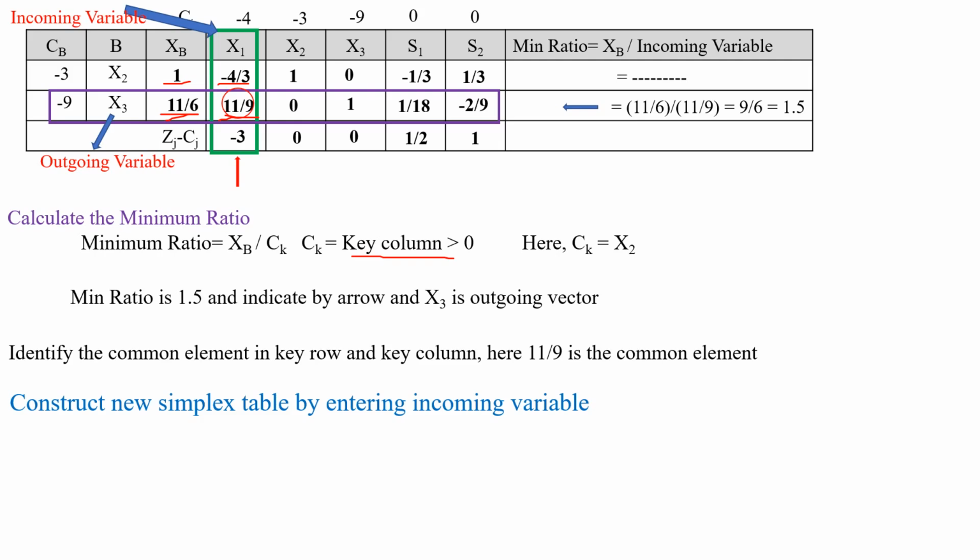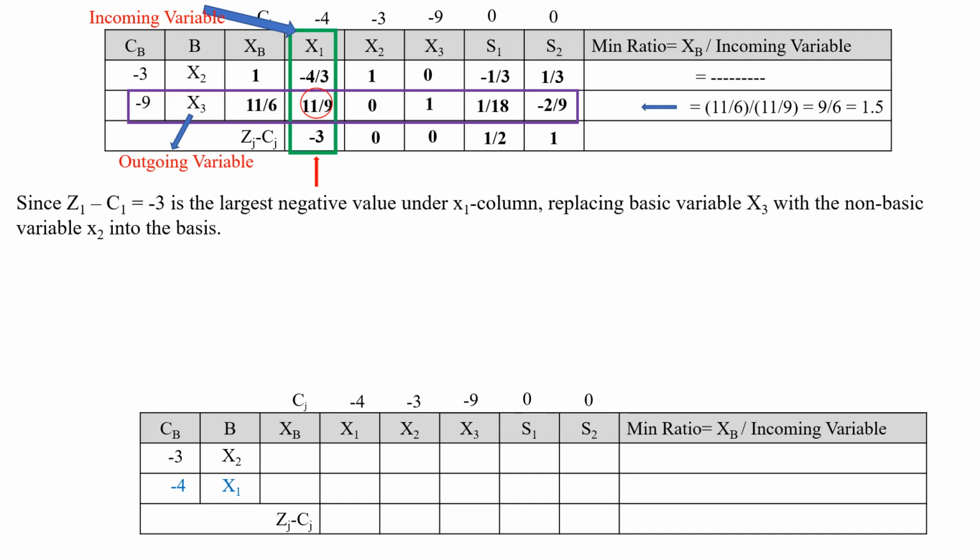Next, we construct the new simplex table by entering the incoming variable, with reference to the old simplex table. Here the x3 variable is leaving the basis and the x1 variable enters the basis. So modify the basis by replacing x3 with x1 in the new simplex table, and its CB value is minus 4.